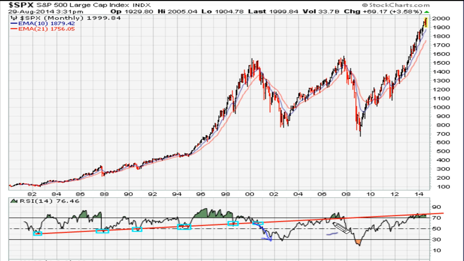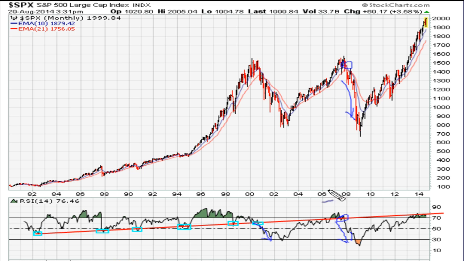The same line, when you extend it, it is only after we broke down below the line here, which happens to be late 2007, before this move lower, which was the crash of 2008.